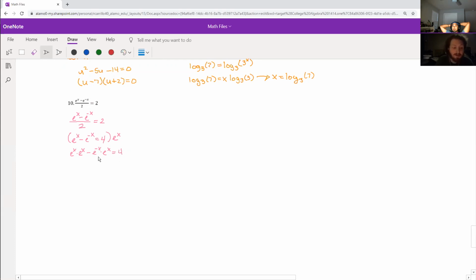At this point, this is what I'm going to do. Just to show you this step in two different colors, right? So e to the x times e to the x equals e to the x plus x equals e to the 2x.